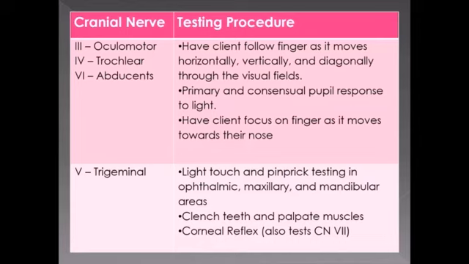For cranial nerve number 5, the trigeminal nerve, this is where your patient can identify light touch up by the eye, the maxillary, and the mandibular areas. So have them close their eyes. I probably wouldn't do the pin prick on a basic patient, but light touch is fine. Have them clench their teeth so you can palpate those muscles.